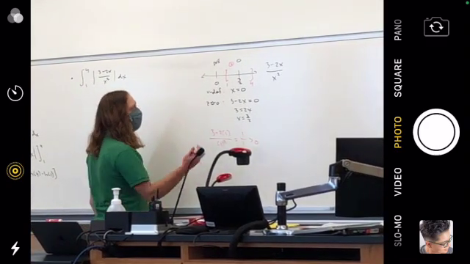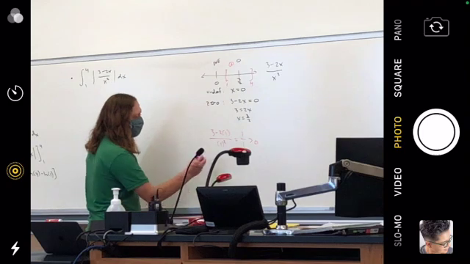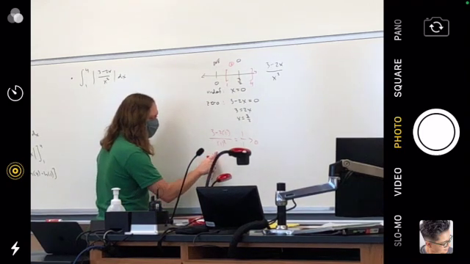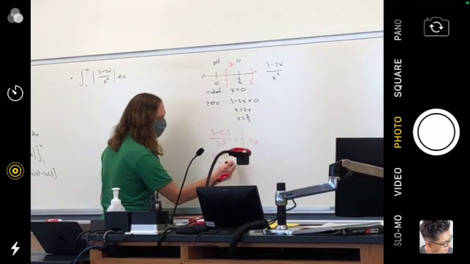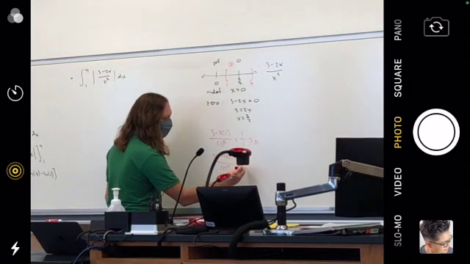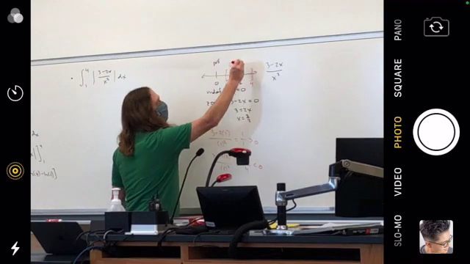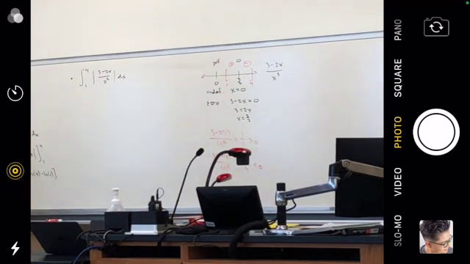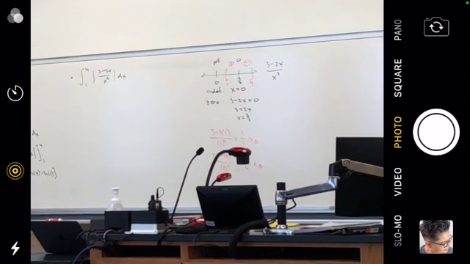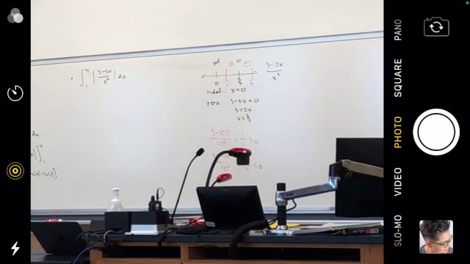So what do I do bigger than 3 halves? 3 is an easy plug in, or 2 is an easy plug in, right? Can I get a negative number? So I know I'm positive initially, and then I switch to negative.